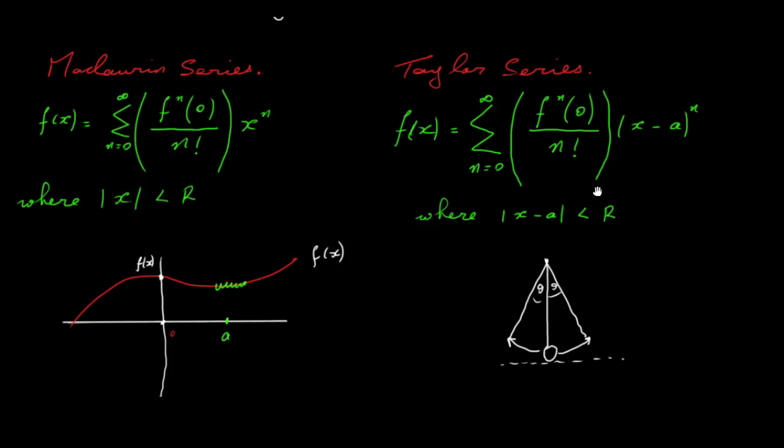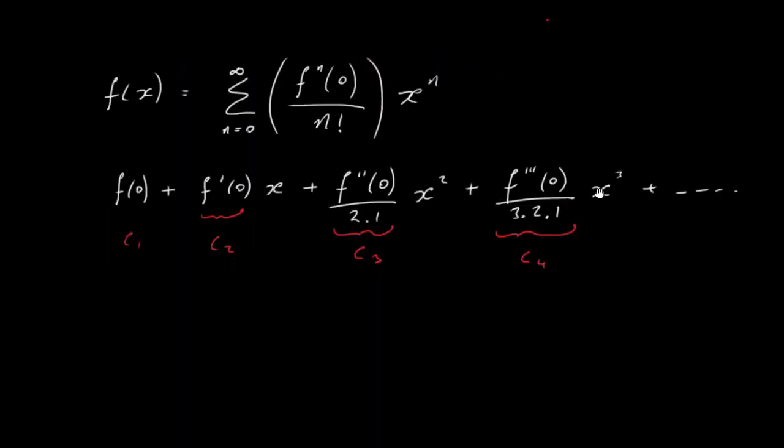Okay, so let's look at deriving this. It's basically the same thing again, so I'll run through it maybe a little bit faster. But our original function again, f of x, is going to be given by c0 plus c1.